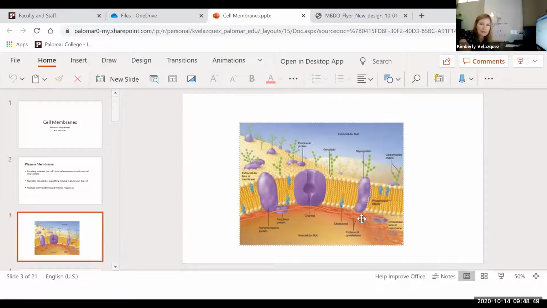Some of the proteins don't really span the entire membrane. So we have some proteins that are just kind of sitting out here. So let me draw a couple more phospholipids here on our membrane.